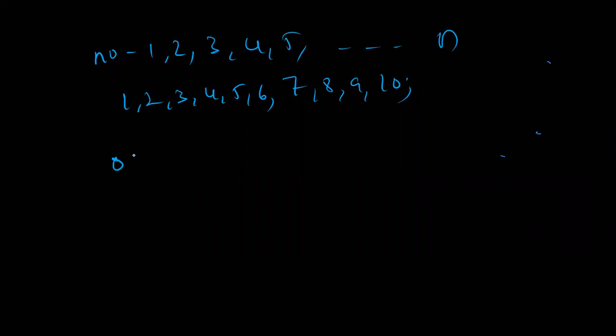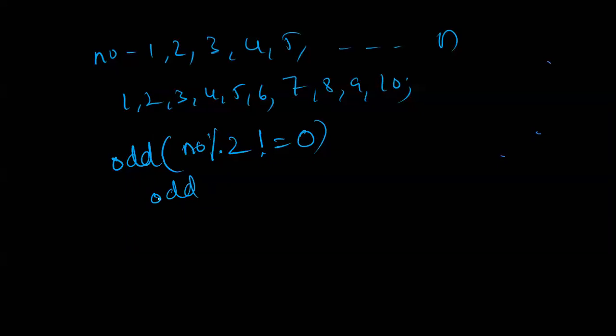I am writing odd as a function. It takes a number modulus 2, meaning the number is divided by 2. It checks if the result is not equal to 0, then it is odd.